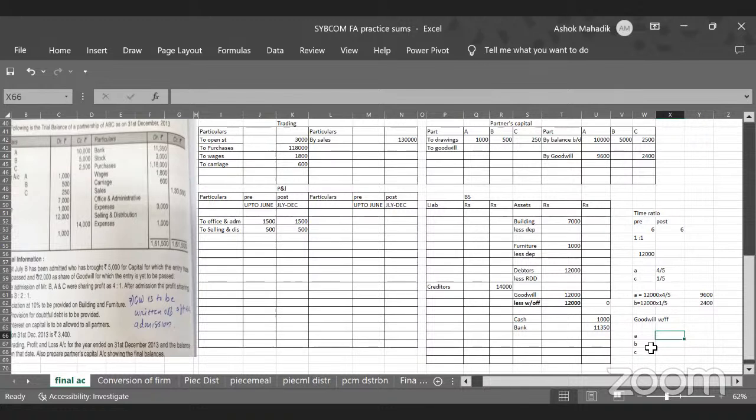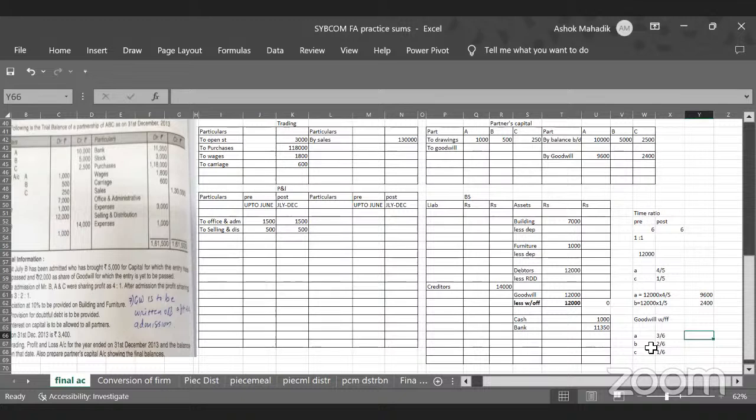So A will get how many shares? 3 plus 2, 5 plus 1, 6. First add all the shares. So A will get 3/6 shares. How much will B get? 2/6 shares. And how much will C get? 1/6 shares. Now let us calculate the amount.